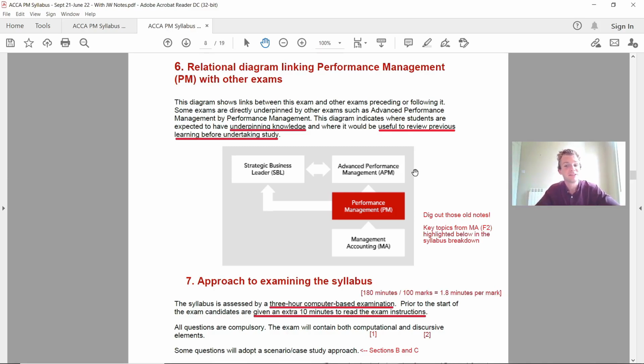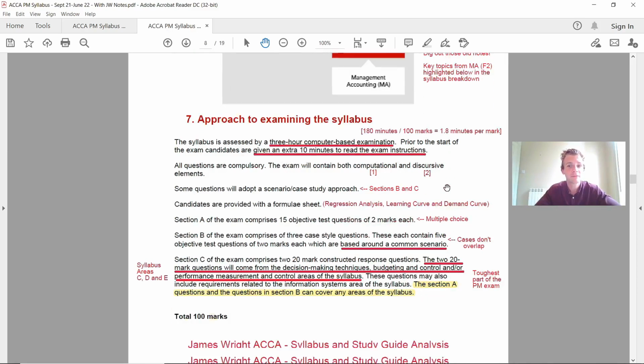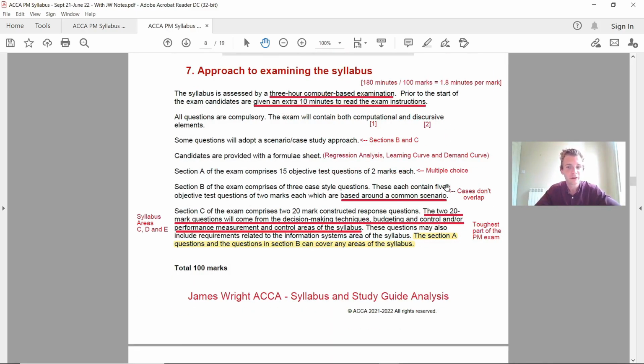So in other words, dig out those old notes as I put down here. There are key topics which we're going to come on to later that you'll recognise from management accounting and are then applied in performance management. So don't overlook them, because if you don't understand them fully, you're going to really struggle.